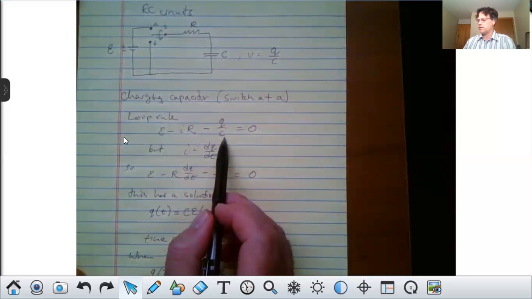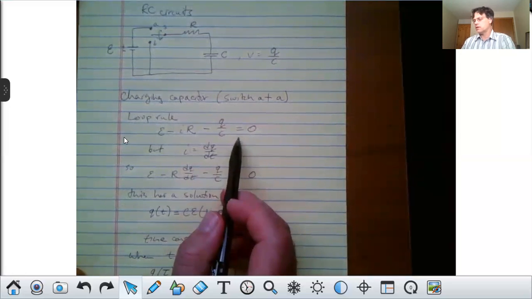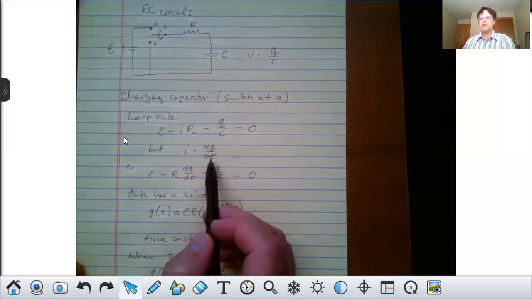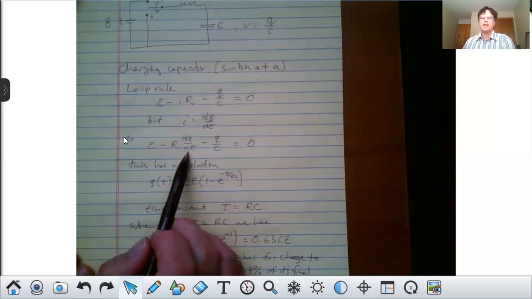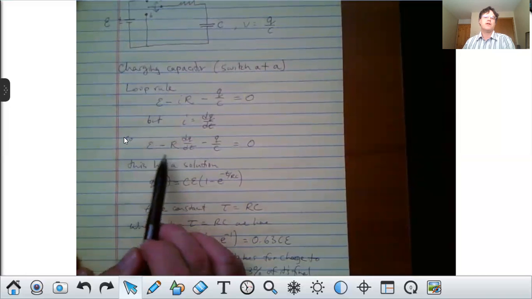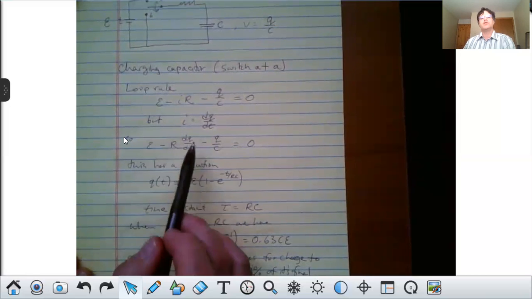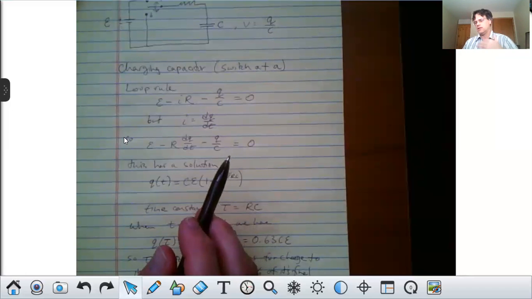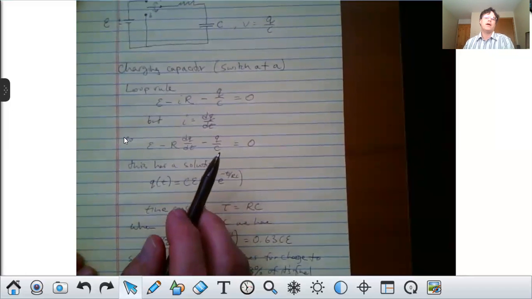It's a voltage drop there. So one thing to remember too is current is the derivative of the charge. So plugging that in, I actually get a differential equation for the charge as a function of time.